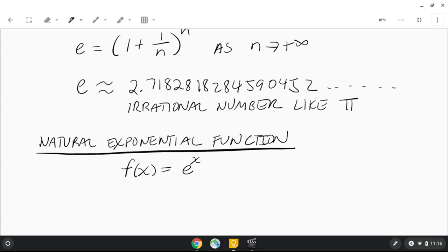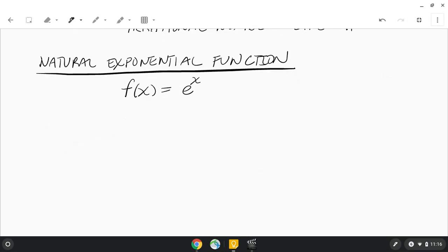Very similar to exponential functions in general. Oftentimes we call this one the exponential function, even though the other ones are as well.